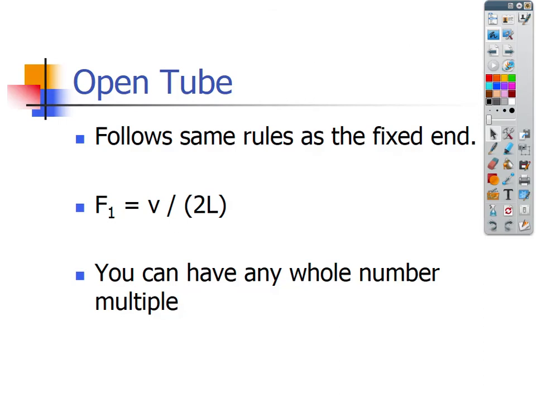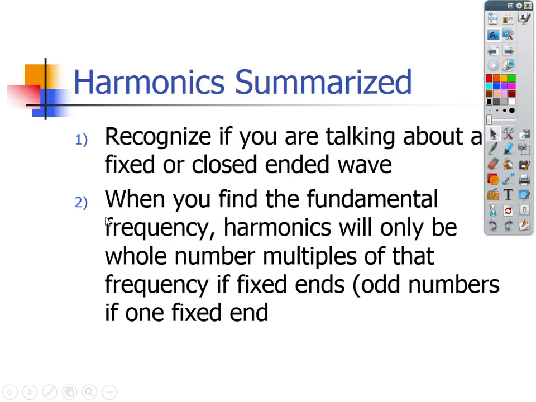And so to summarize everything at the end here, the way you approach these problems is recognize, are you talking about a fixed or closed-ended wave? Technically add in open, but remember open goes with fixed. But identify your situation, because if you don't, I don't even know what you're doing with the problem. You're just going to take a random guess and hopefully be right. But after you realize that, try to find that fundamental frequency, see if it's given to you.